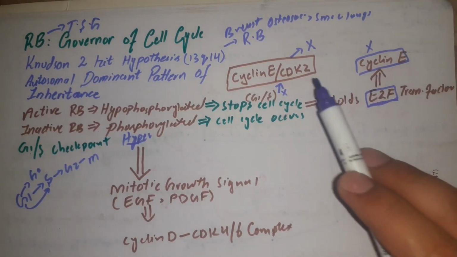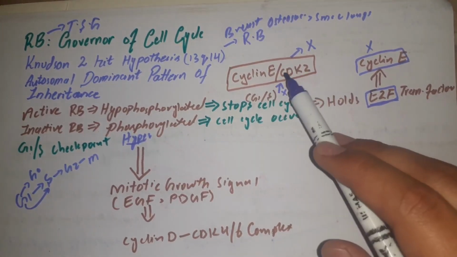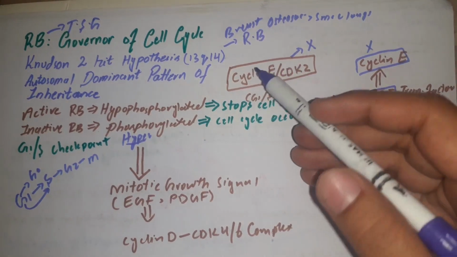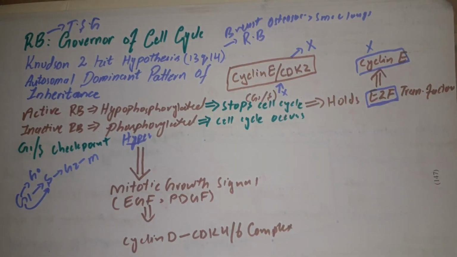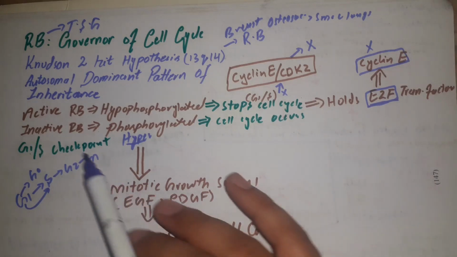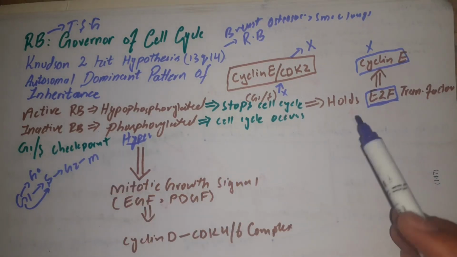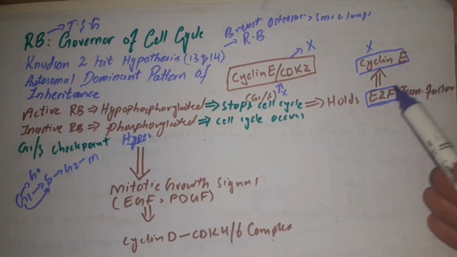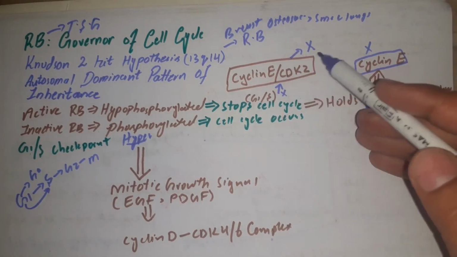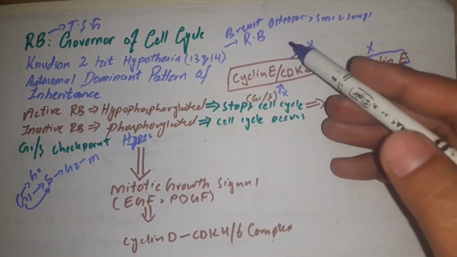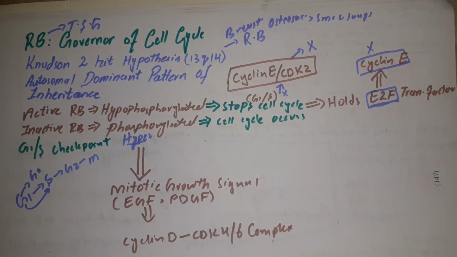When cyclin E is not produced, the cyclin E CDK2 complex is not formed, and when this complex is not formed, G1/S transition does not occur. Okay, so when it is inactivated or hyperphosphorylated, the E2F transcription factor is released, cyclin E is formed, the CDK2 and cyclin E complex is formed, and G1/S transition occurs. So this is the basic mechanism through which retinoblastoma works.